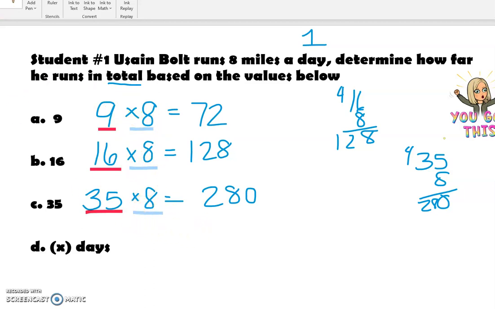So my equation will be x times 8. x is replacing the number that changed, and times 8 is the same each time. I'm going to use that dot for multiplication, especially because I have the variable x. So what this tells me in this equation is if I want to know, no matter what that value is for x, multiply it by 8, and that will tell me his total distance.